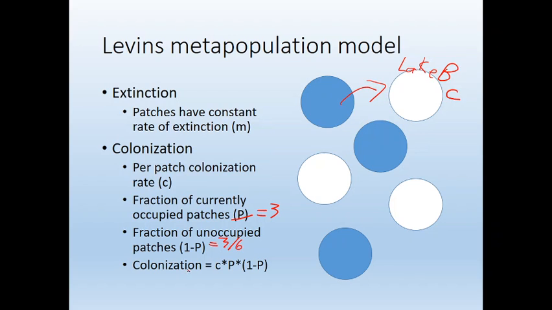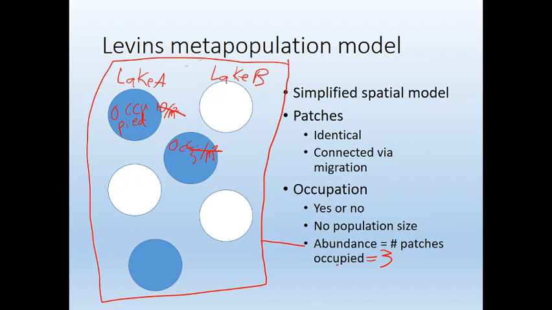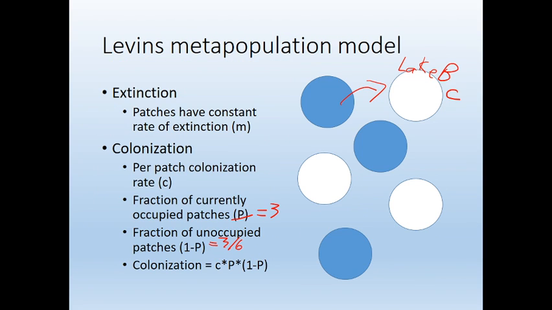Determining whether a patch gets colonized is a little tricky. I shouldn't have said it's just C up here. I forgot that it's dependent on the current population size. Remember that population size, let's go back here, is just the abundance, the number of patches occupied. This is what we're looking at. Colonization is more likely to happen if there are a couple of things.